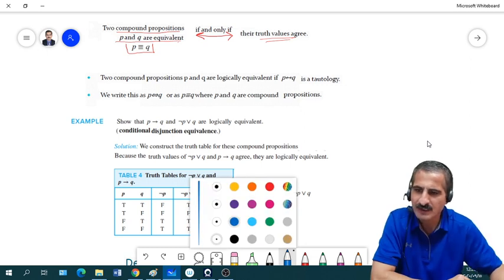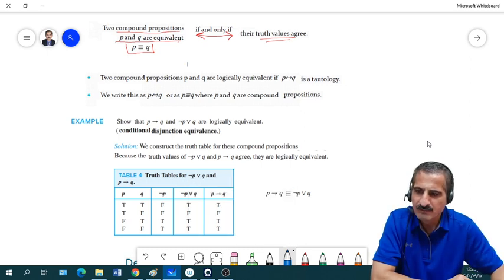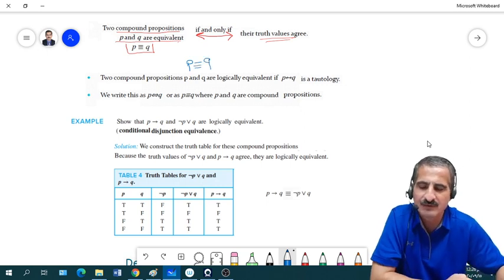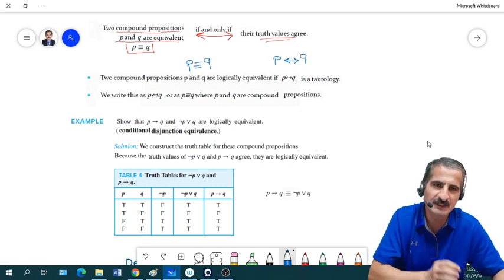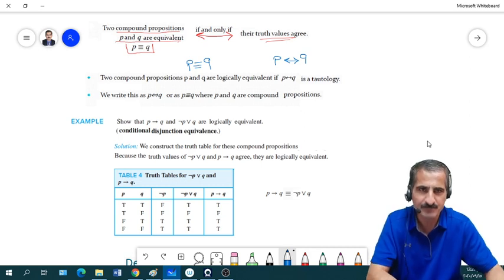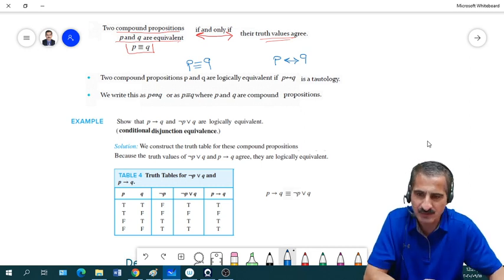Now again, P is logically equivalent to Q if they have the same truth value. But we learned from the last video that the biconditional of P and Q will be true if both P and Q have the same truth value.